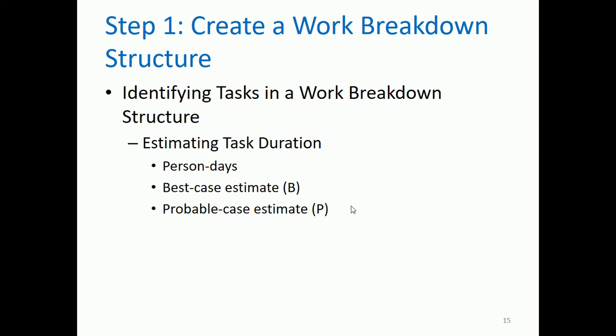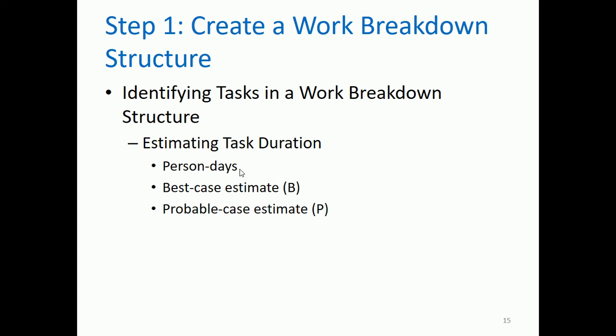Next, we have to estimate the task duration. As I've said, with our exercises it is already identified. But in an actual situation, you will be the one who's going to decide what the duration of a particular task is. How to estimate task duration? We have the so-called person days.